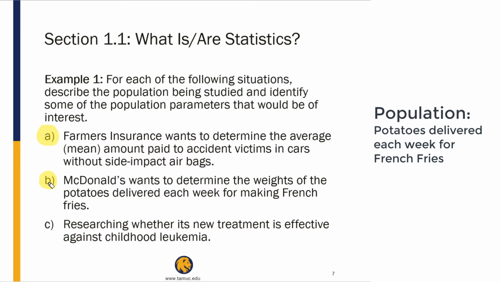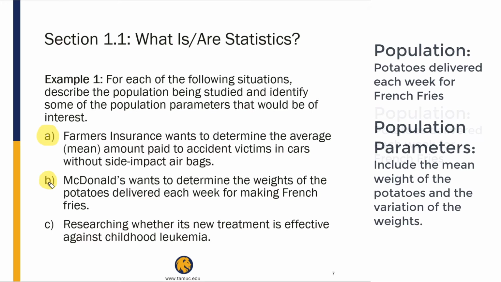The population parameter determined about the population is the average weight of the potatoes, or different numbers that we can determine about them, such as their weight, how they vary, different things like that, which we call population parameters.